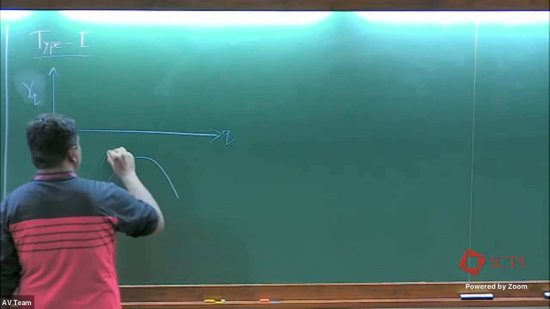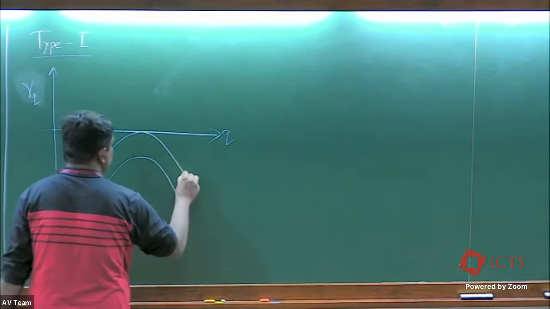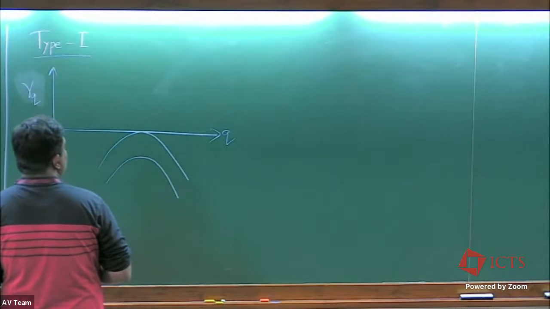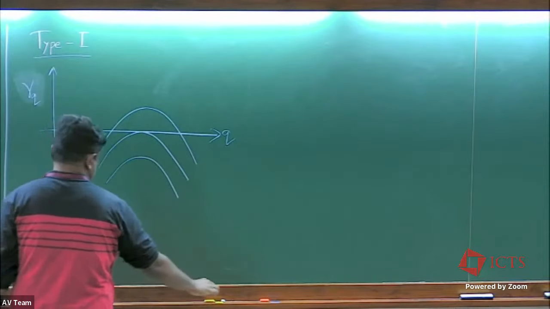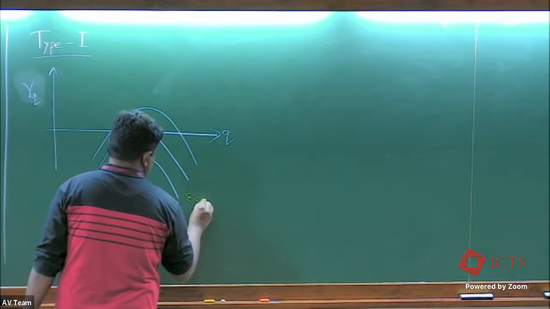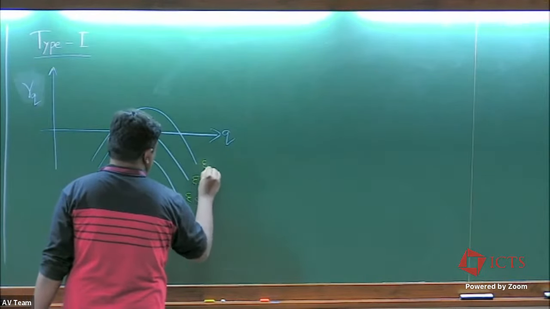At the critical point, this just touches the gamma equal to 0 point. And above that, of course, there is a band of wave vectors. So this is epsilon less than 0, epsilon equal to 0, epsilon positive.